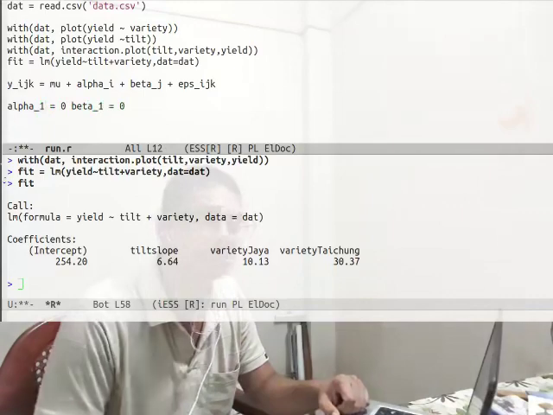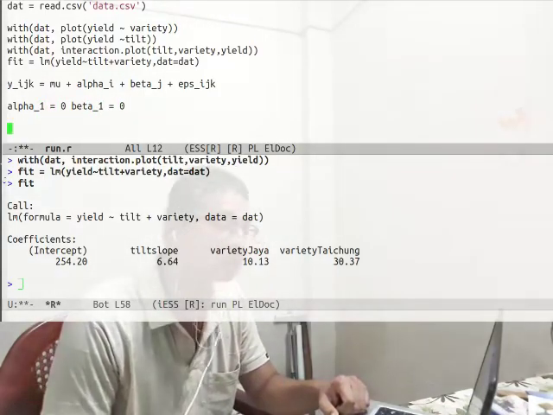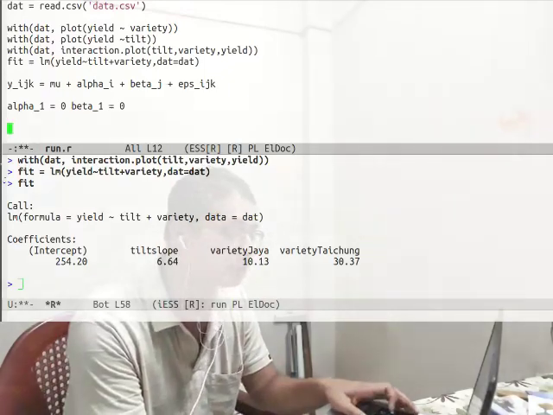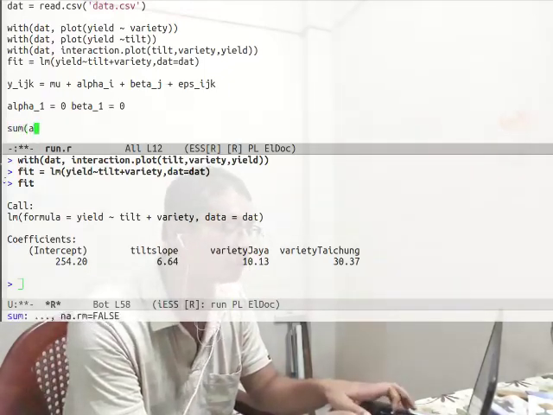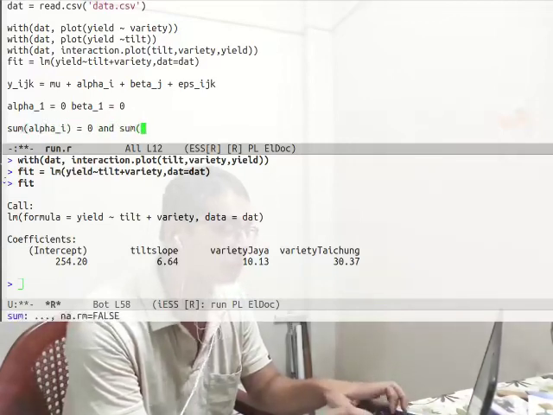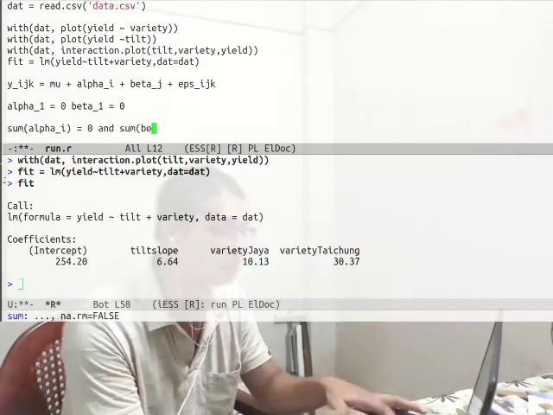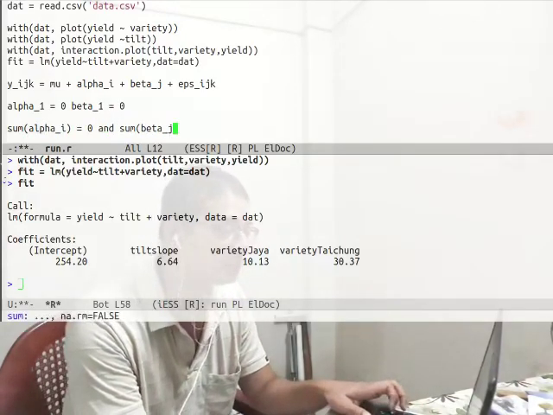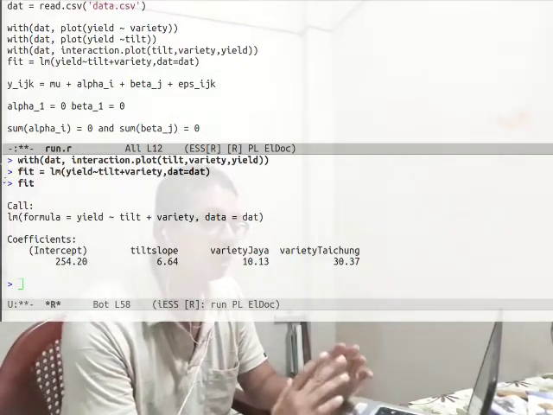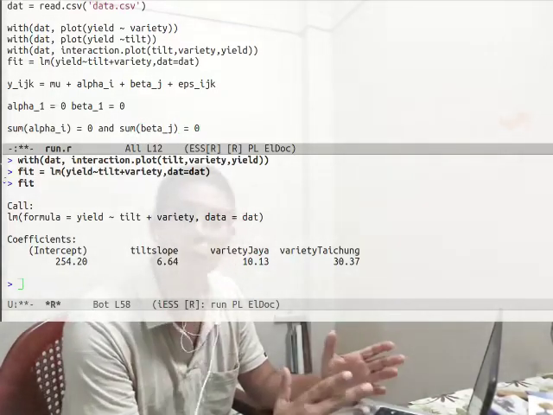Now a more realistic constraint would be this: you want to put summation of the alphas, summation alpha i equal to 0, and summation beta j equal to 0. Under these restrictions, the estimates will be different.